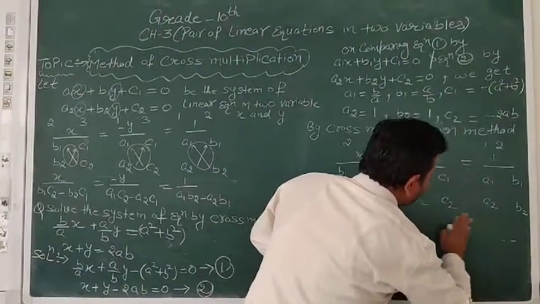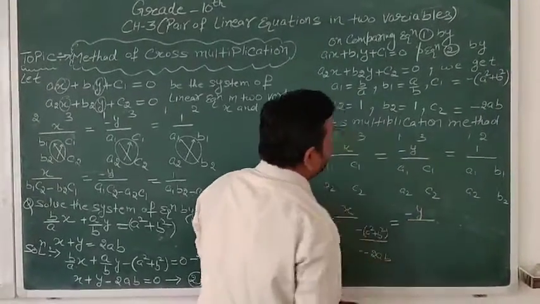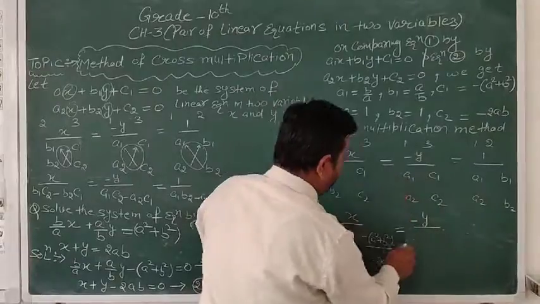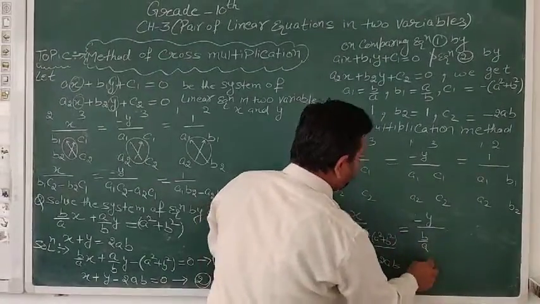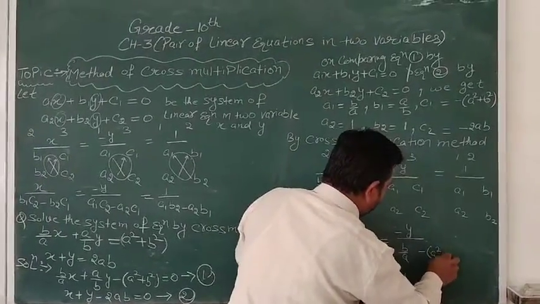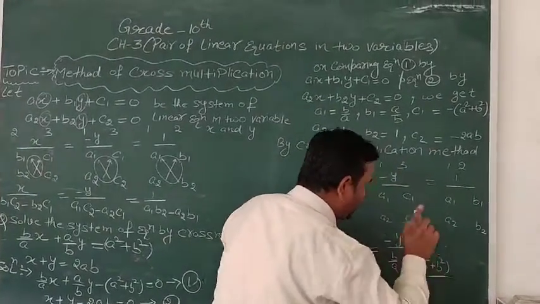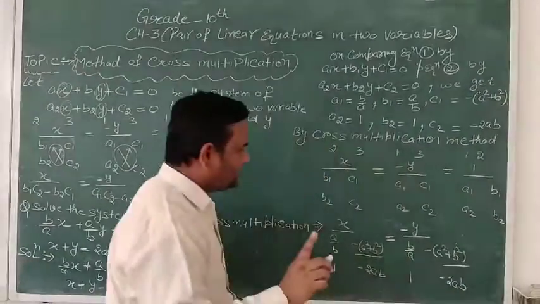Which further equals, now it is minus y upon a1, a2. a1 is b upon a and a2 is 1, students. Then c1, c2, minus bracket a square plus b square upon minus 2ab.